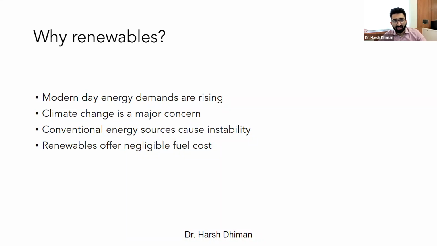Then, if there is some fault in a coal-based power plant, a lot of time is involved when you want to restart it. So there are a lot of disadvantages and technological inconveniences related to thermal power plants. To get rid of them, we are essentially reliant on renewables. And yes, there is an added advantage of the green energy that is produced as we use renewable energy.